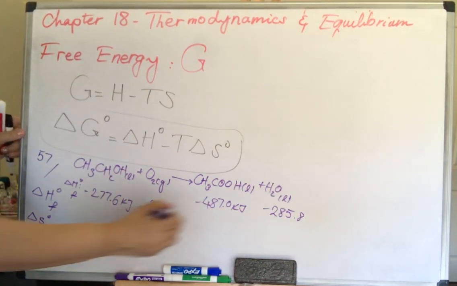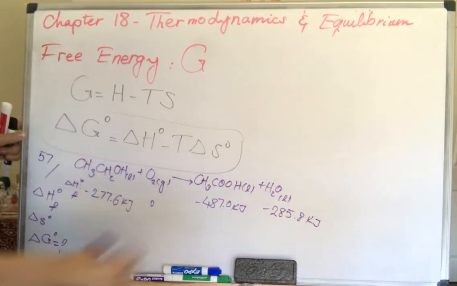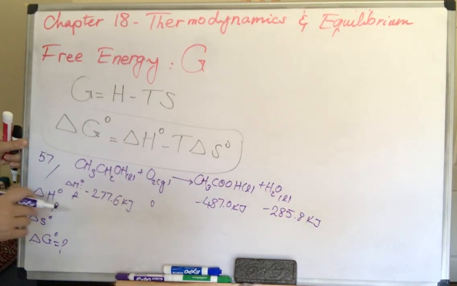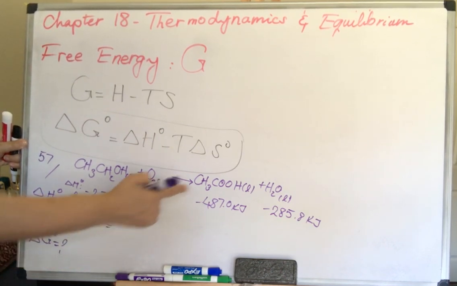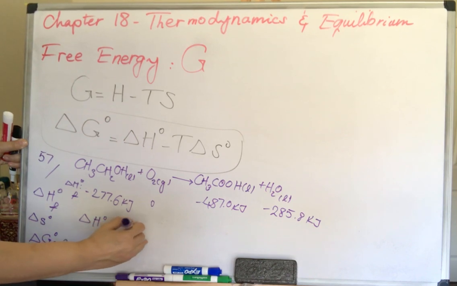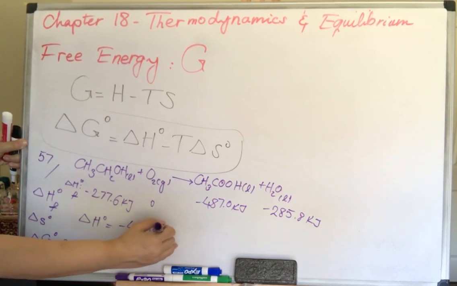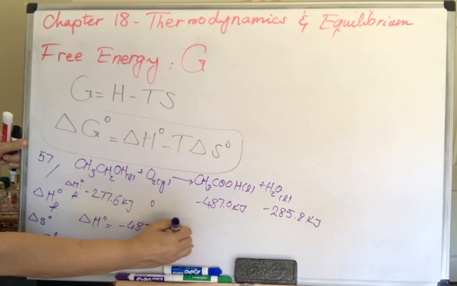285.8 kilojoules. So if you want to find the delta H of formation, you remember delta H standard is products minus reactants, right?